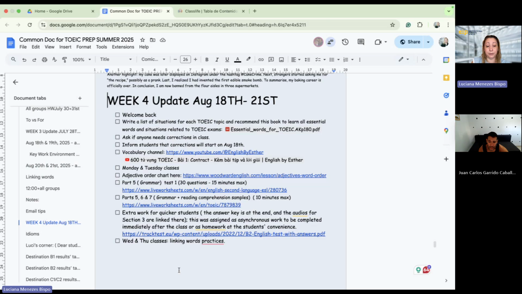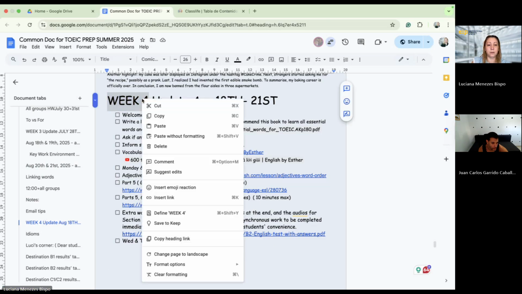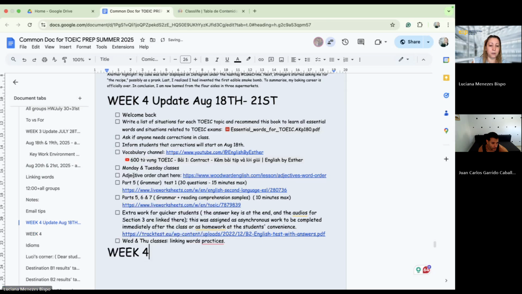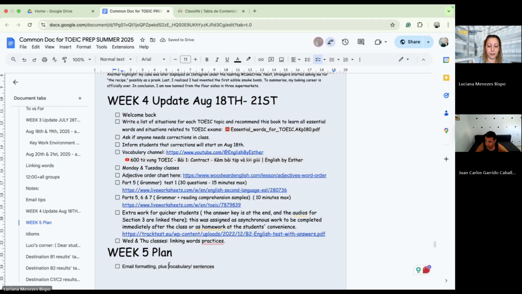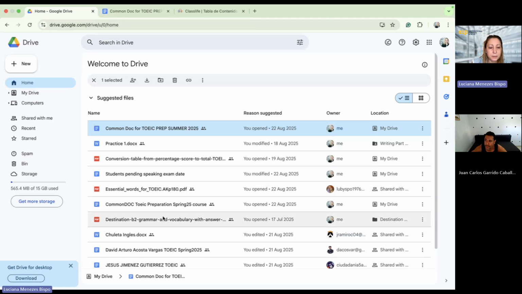And we have come to week 5. Today, we are going to check email formatting plus vocabulary or sentences that will make your life easier. And I will paste something from the spring document.